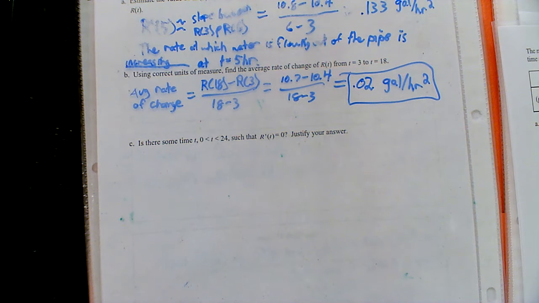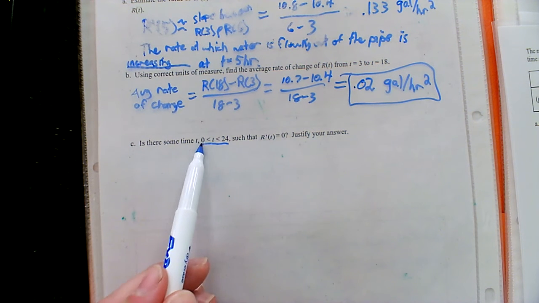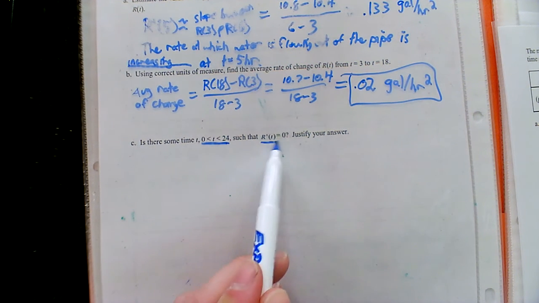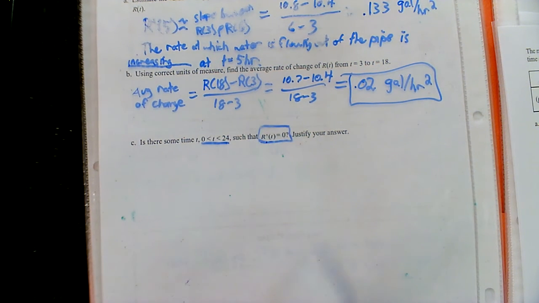So go ahead, look at your definitions for a moment, look at your table, and see what you can determine. Think about what they're asking. They're asking about this interval. There's something important about this right here. Daniel?